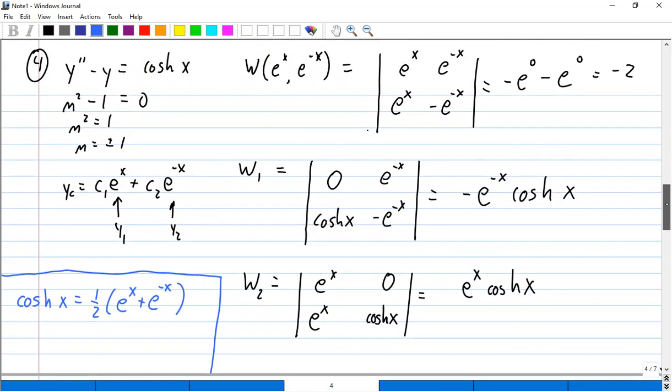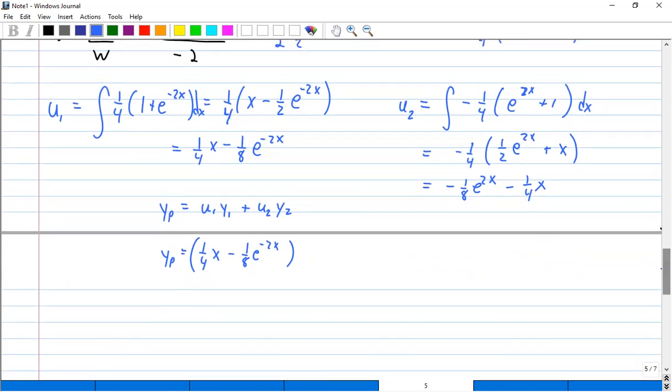Yep, if you go up here you can see y sub 1 was e to the x. So I have to multiply both of those terms times e to the x, plus, I have this thing here, and my y sub 2 was e to the negative x.